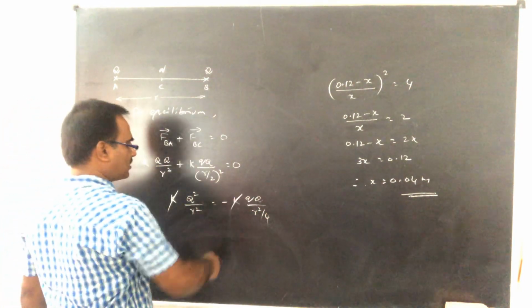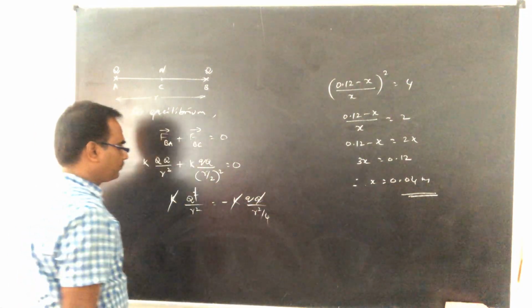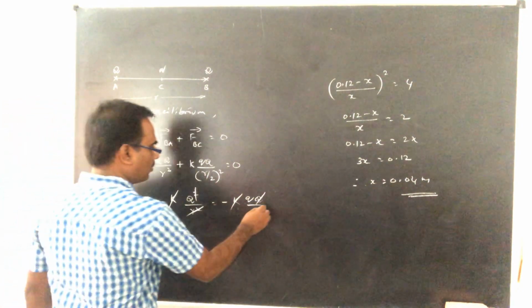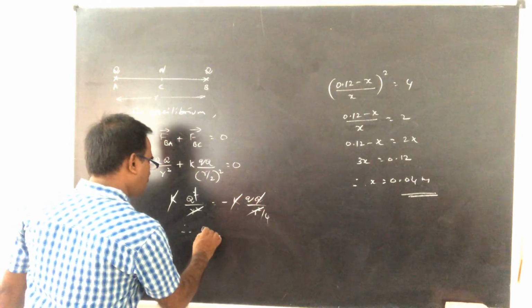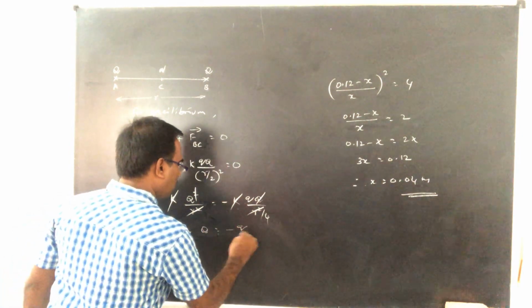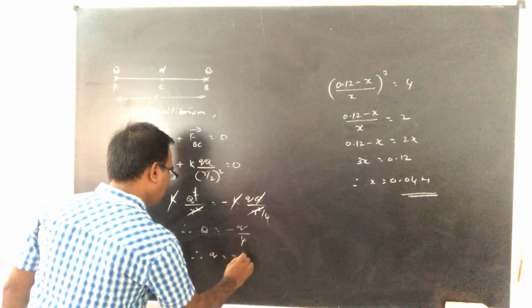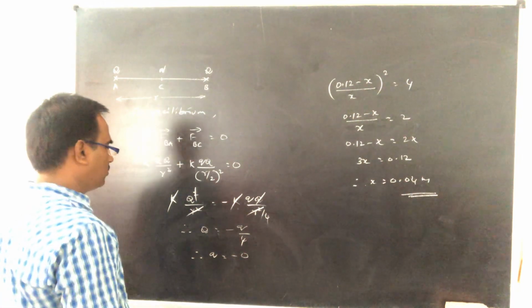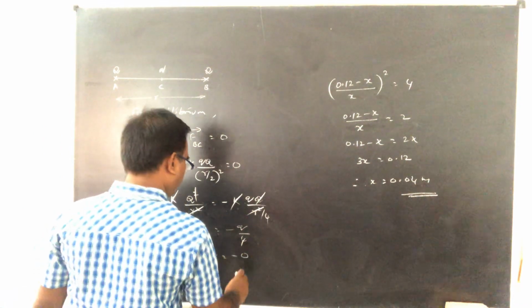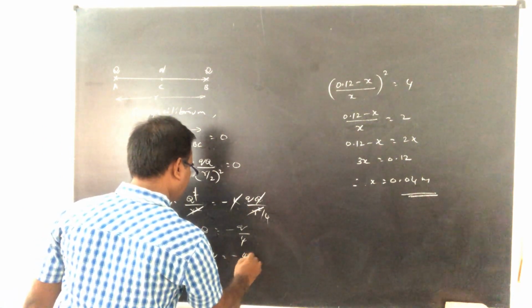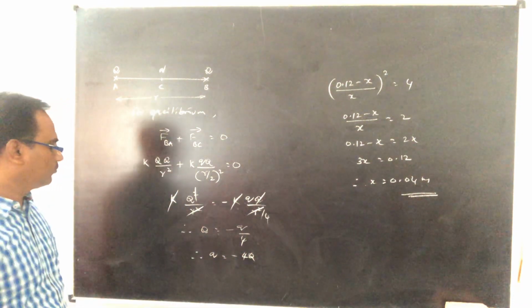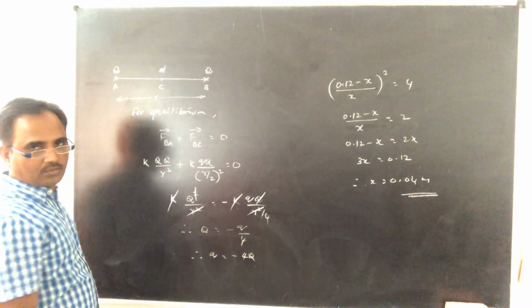So you strike off these common terms. Therefore this Q is equal to minus Q divided by 4. So this is the condition.